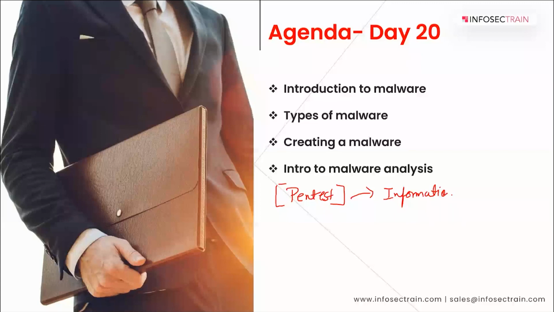We talked about scanning, right? Then we were doing enumeration. Then we had first access, or we can say exploitation.